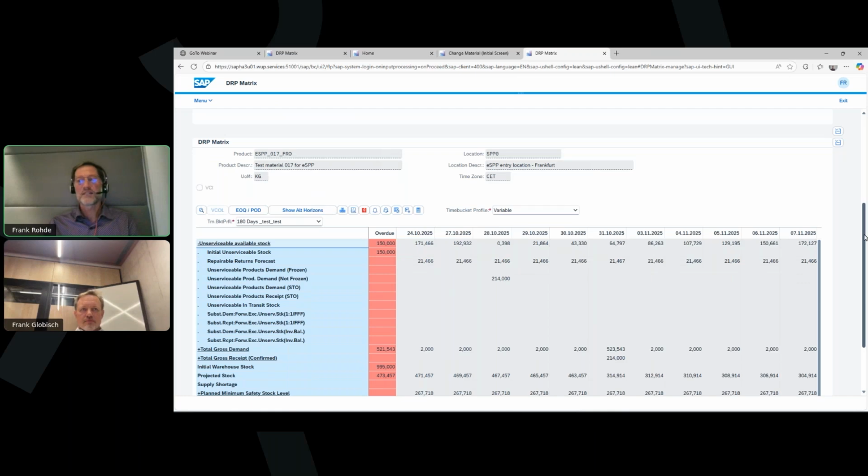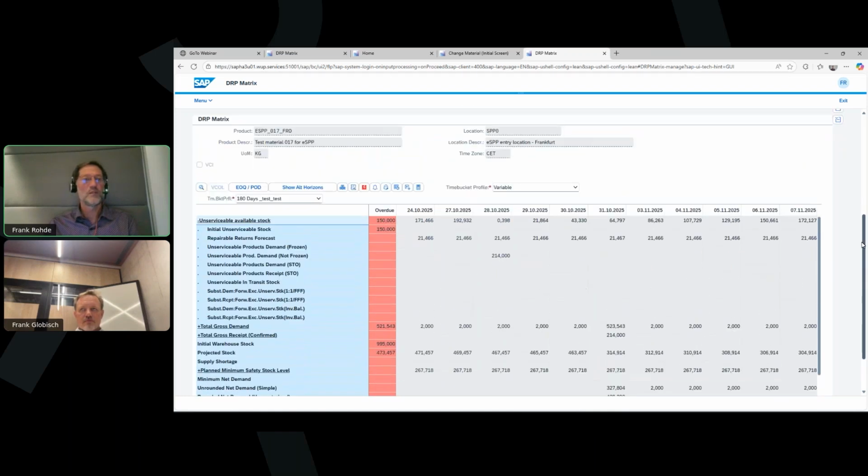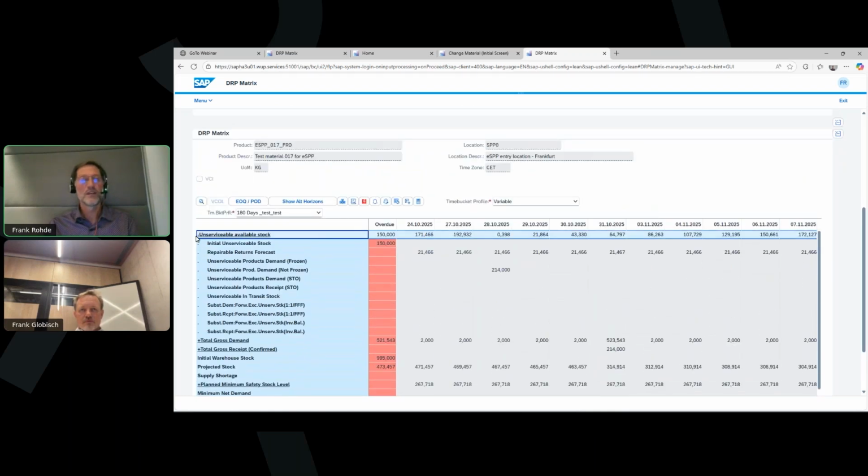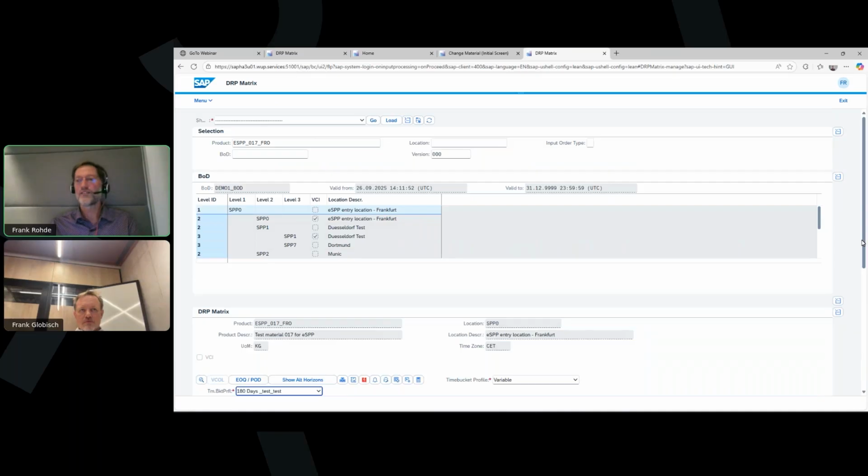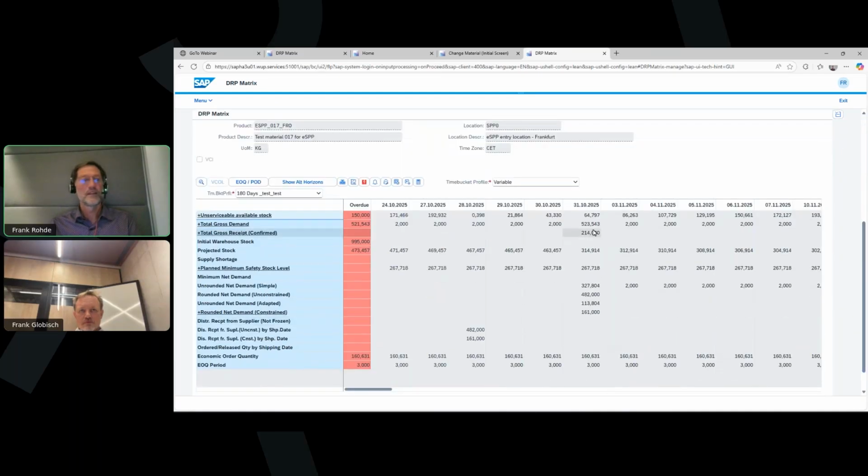When we close that again, we see confirmed receipts. On that day, we get 214 pieces repaired back into our supply chain, and that is lowering our rounded net demand because we don't have to order so much anymore. We only have to order 161 instead of 482 pieces.